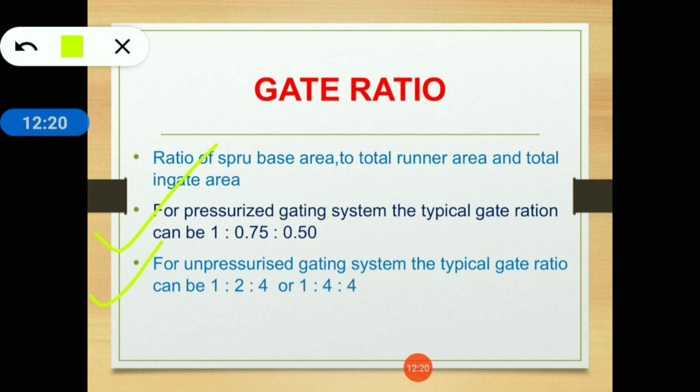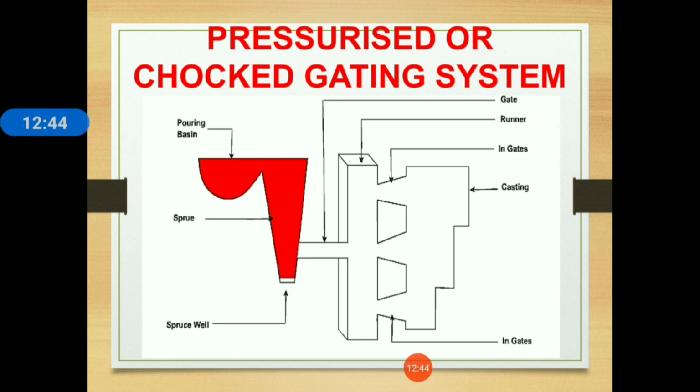Due to this empty portion some gases may be evolved. And if gases evolve inside this gating system, then it may damage your mold, and due to this damage some sand particles will be mixed with your molten metal, and it may ultimately create a defect in your casting product. So to avoid this, you can select a pressurized or unpressurized gating system according to your product.